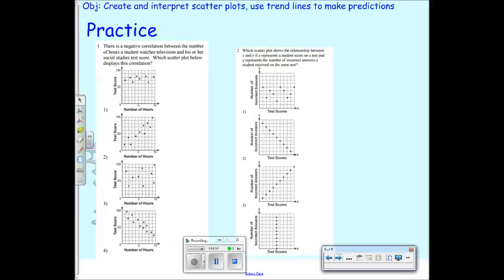Okay, so again, x represents the student's score, and y represents the number of incorrect answers. All right, hold up what you think it would be. 1, 2, 3, or 4. Okay, so most people are saying 2.